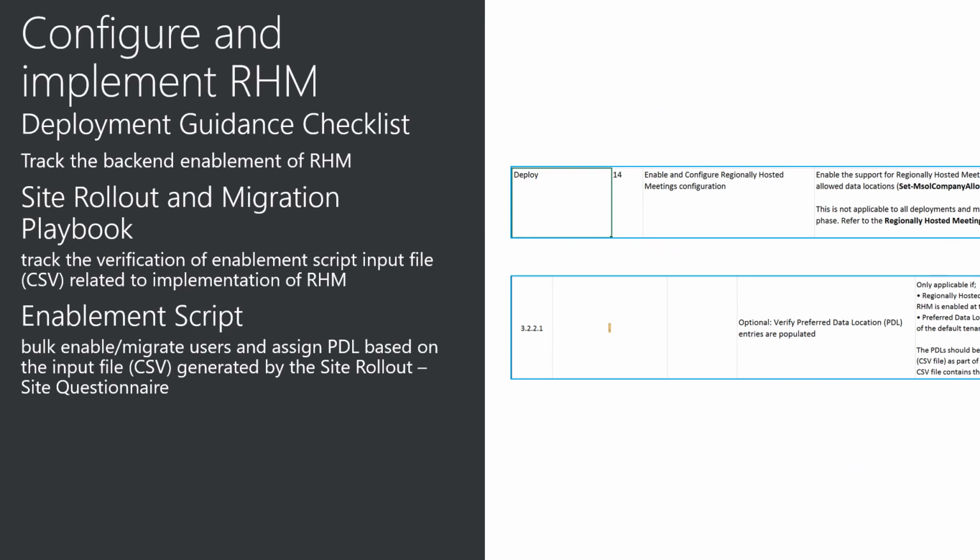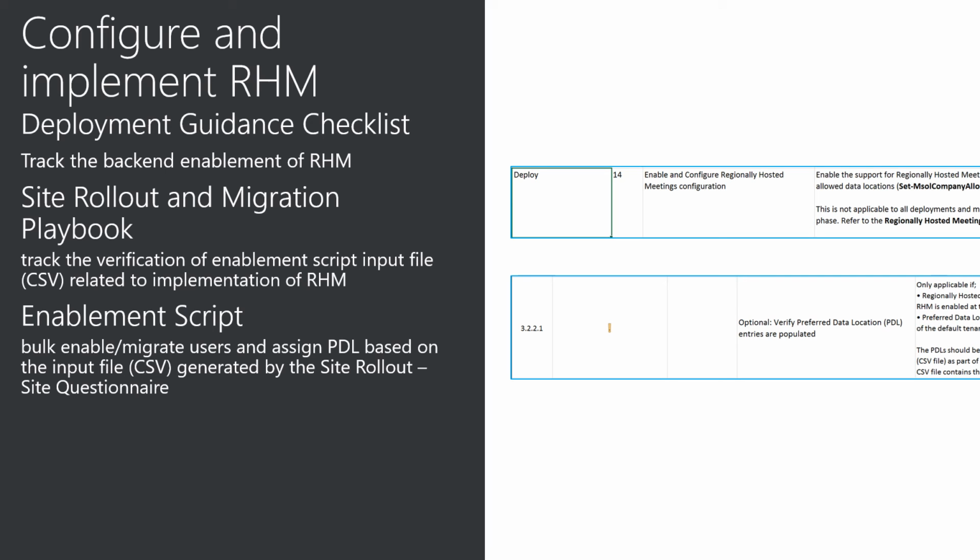When it comes down to configuring and implementing RHM, we have updated the deployment guidance checklist to include a task to track the backend enablement of RHM. This task includes the commands that are required to be executed to configure RHM.